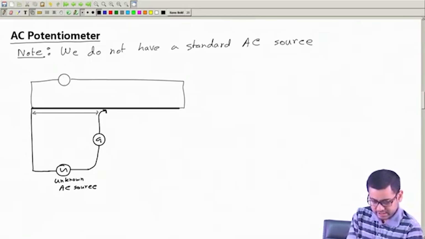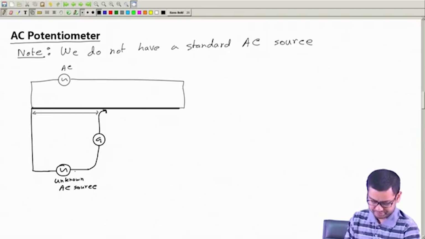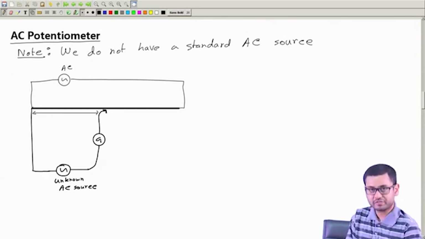Now, this source must also be AC, because if this is not AC, then the potential drop here will also not be AC, and then we cannot get a balance. A DC cannot balance an AC. A DC voltage can never be equal to an AC voltage. Another important thing we need is that the frequency of this AC source must be the same as the frequency of the unknown source.